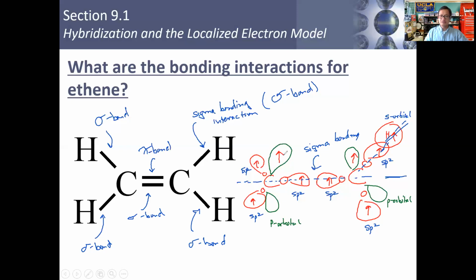But this interaction here is a side-by-side interaction. You can imagine that the sigma bonds fall within a line like this. The two pi bonds are lined up side by side with one another instead of falling along a line. So we refer to that as a pi bonding interaction.